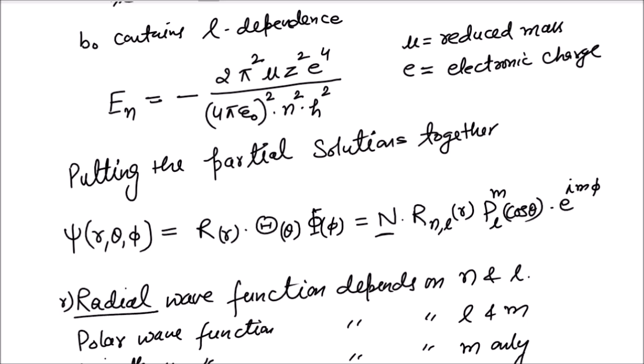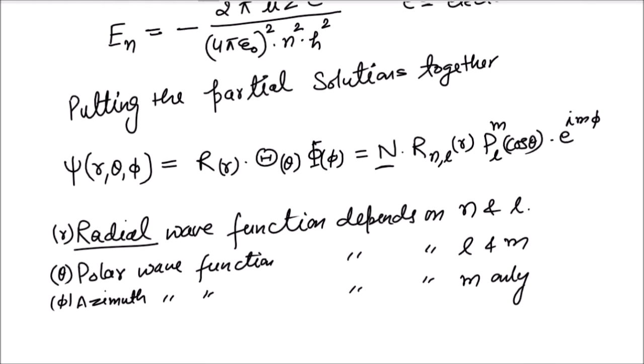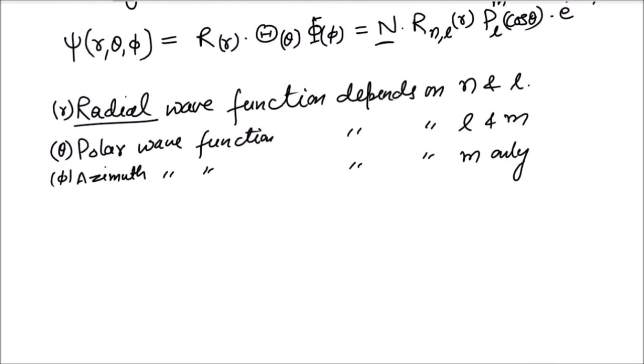Radial means r dependent, polar equation means theta dependent, and azimuth equation means phi dependent. So these are the three quantum numbers.